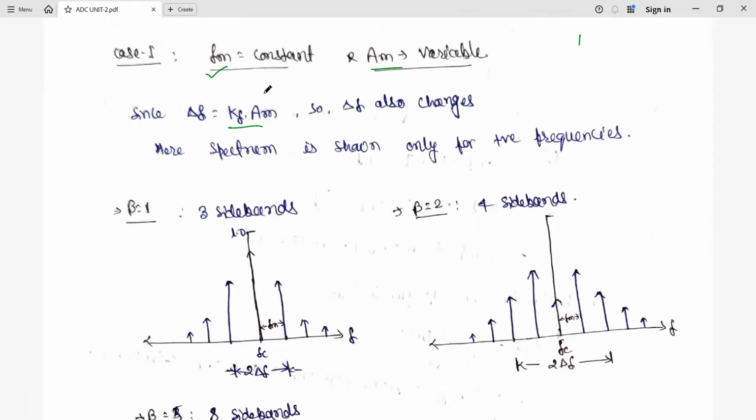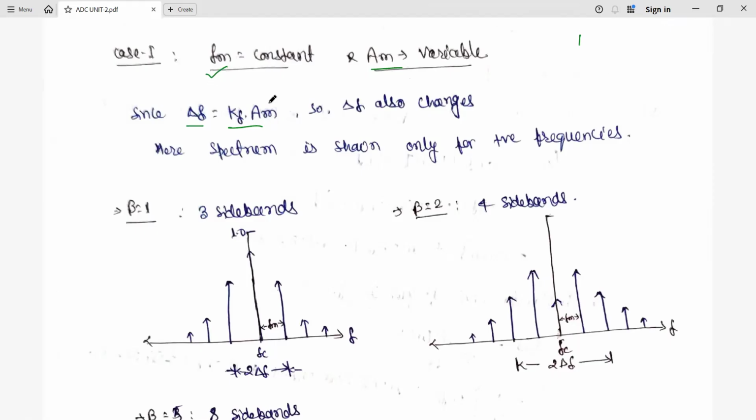When fm is constant, finally, if you see the transmission bandwidth we calculated earlier, it is 2 del f. Since m is variable here, del f is going to change, since del f depends upon the amplitude of the message signal, not upon its frequency.